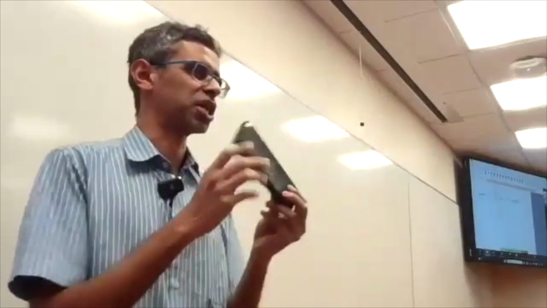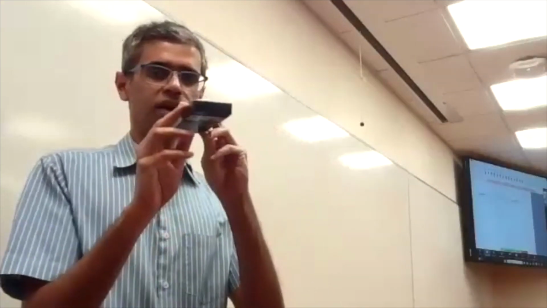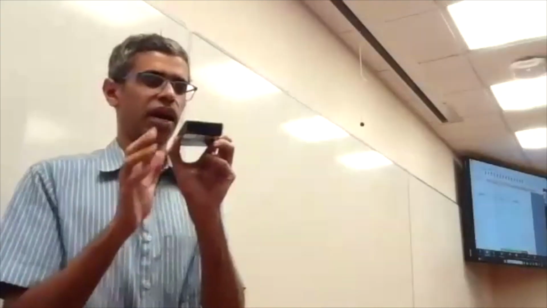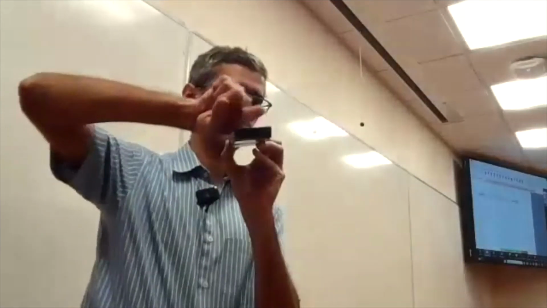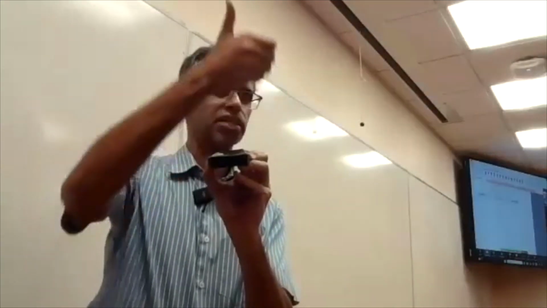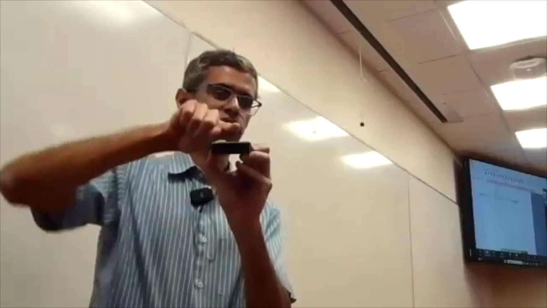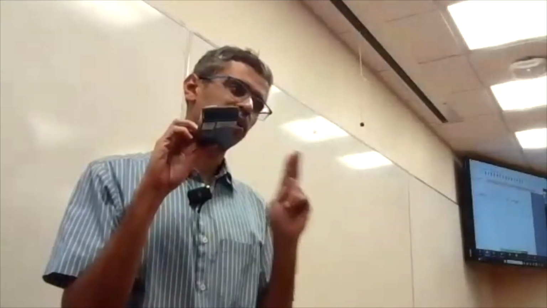Here is an object which has different dimensions in the x, y, z directions. I'm holding it this way, and the convention I'm going to stick to is that x is this way, y is to the left, and x cross y is z, so it points up. Okay, now what we'll do is we'll carry out two rotations.